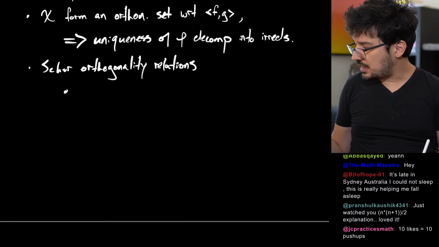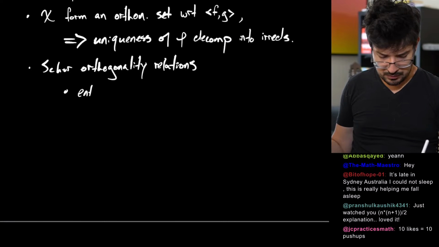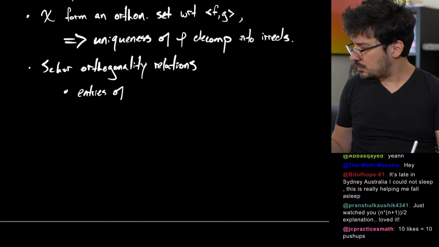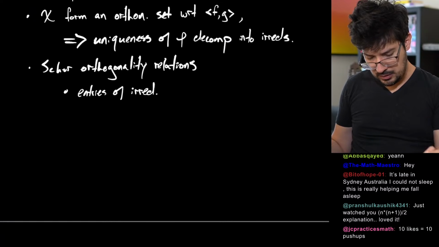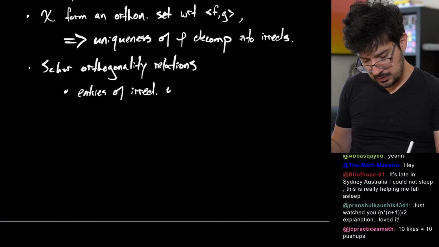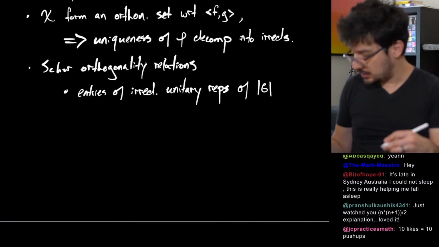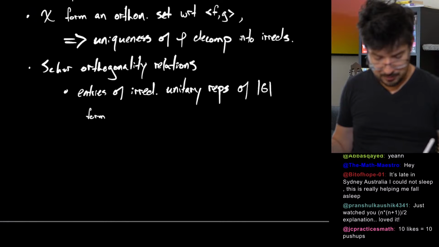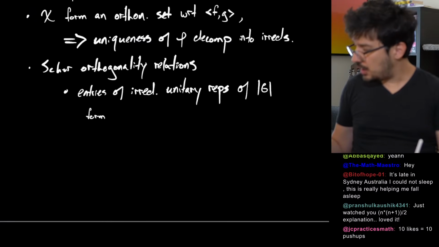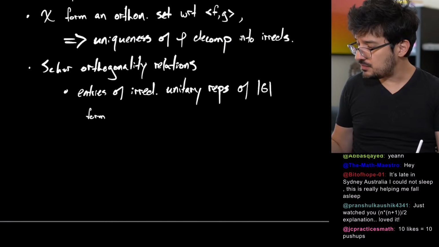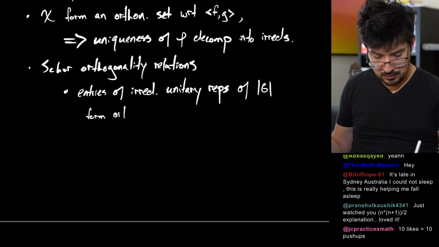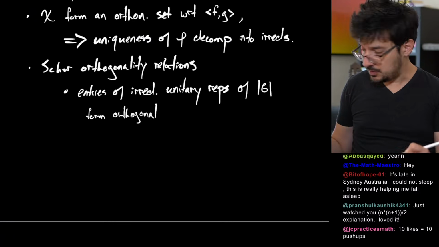roughly speaking says that entries of the irreducible unitary reps of a finite group G form an orthogonal basis for the space of complex valued functions on G. Why not say orthonormal?